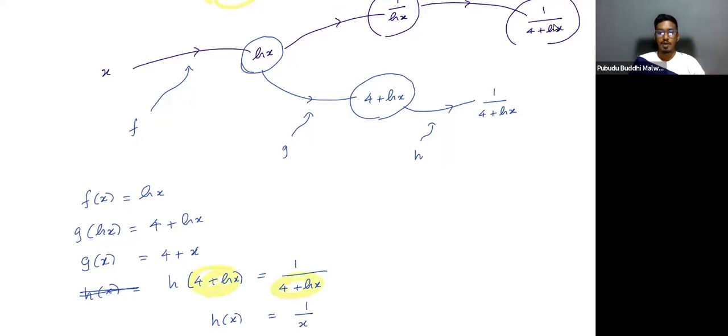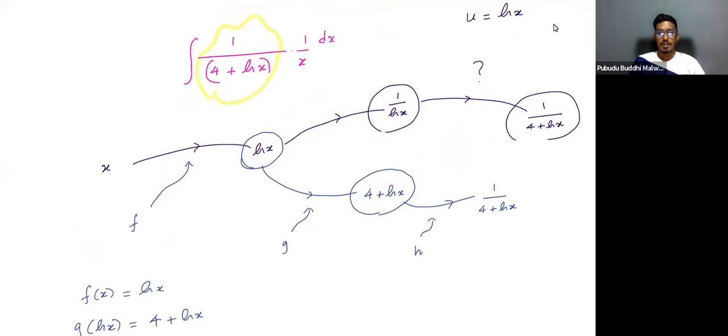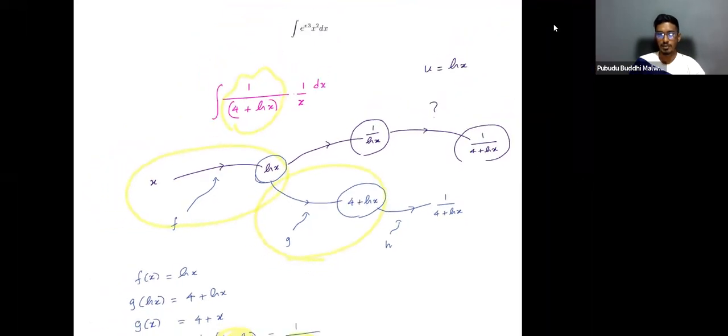Now, the question is, what's the inner function? So clearly, we have 2 inner functions. This part and this part. You can choose, because we agreed to select the inner function as our substitution. Now clearly we have 2 options.